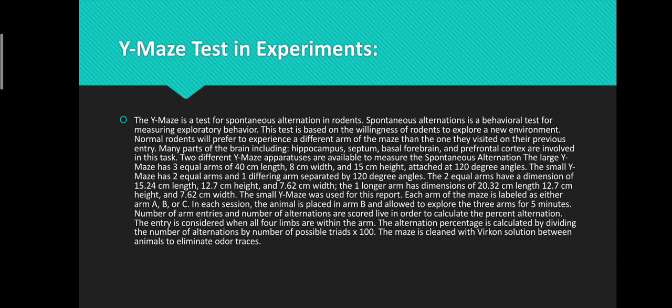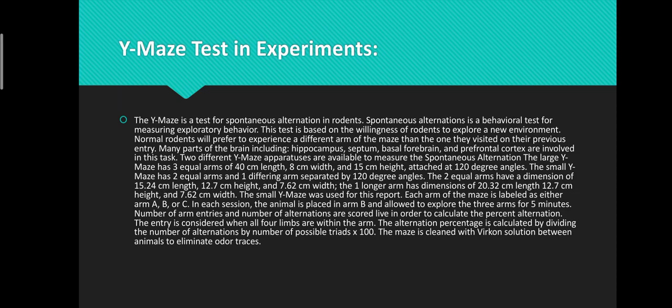Normal rodents will prefer to explore a different arm of the maze, which we talked about before in the two protocols. Many parts of the brain, including the hippocampus, septum, basal forebrain, and prefrontal cortex, are involved in the task.